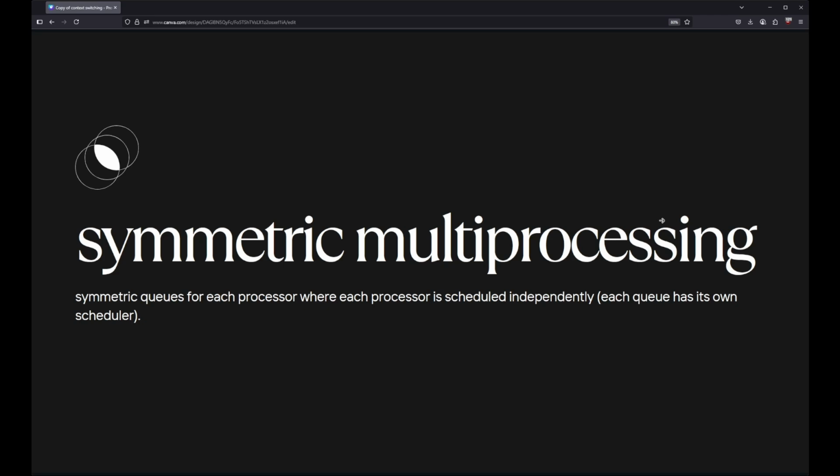You mean as in how the CPUs will take processes, how we schedule processes to the CPUs? Yeah, yeah. So this is one of those ways in which you can do that.